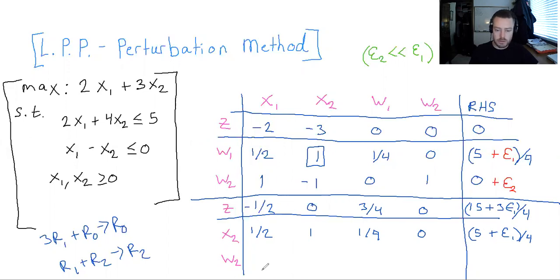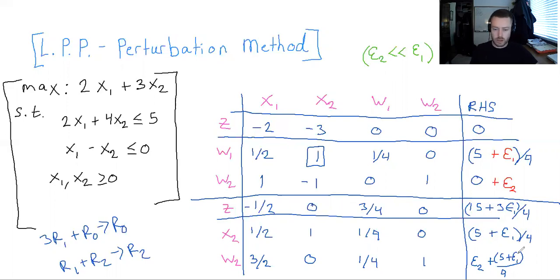So the 1/2 plus 1 is going to give us 3 halves. 1 plus a -1 is going to be 0. 1/4 plus 0 is going to be 1/4. 0 plus 1 is 1. So here we have this whole thing plus our epsilon 2. Sorry, it's going to be hard to read. Plus 5 plus epsilon 1 quantity divided by 4. And we'll make this a lot easier in the next table.